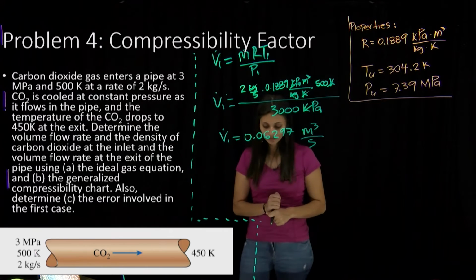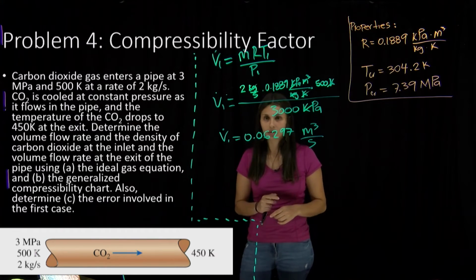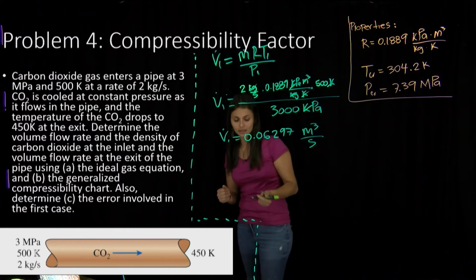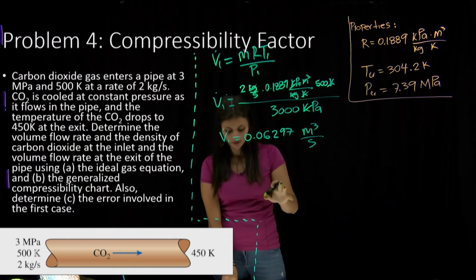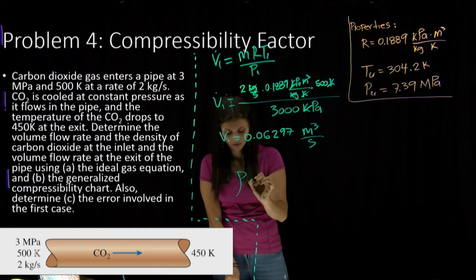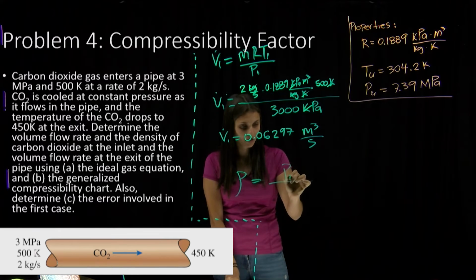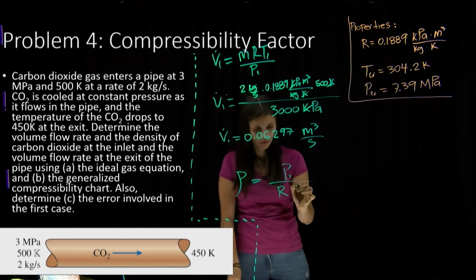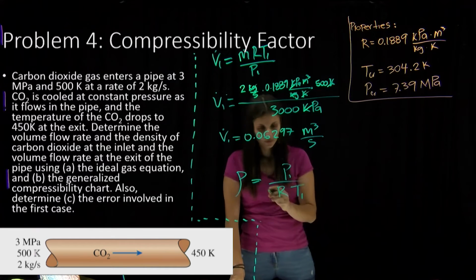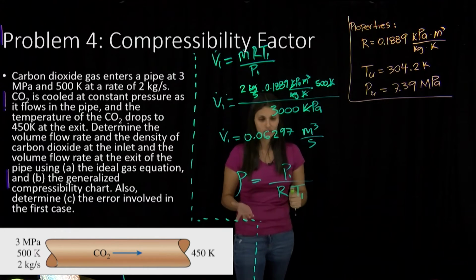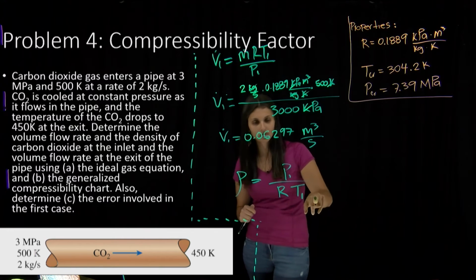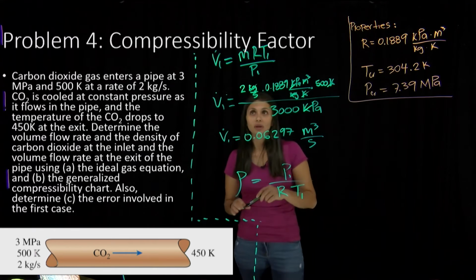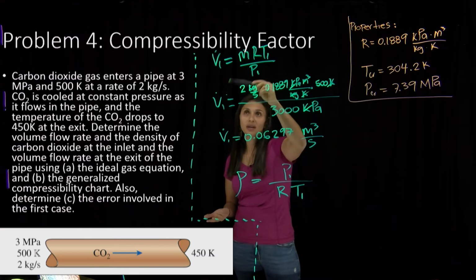Then we go ahead and calculate the density of the carbon dioxide, and we can do that by dividing the pressure of the gas at the inlet by the ideal gas constant for CO2 and the temperature at the inlet, using the ideal gas equation. So we basically have density, which is mass over volume.